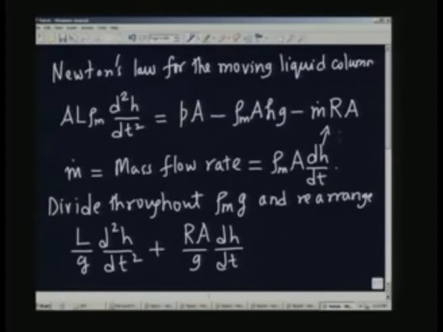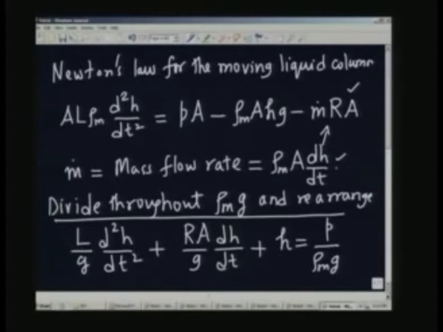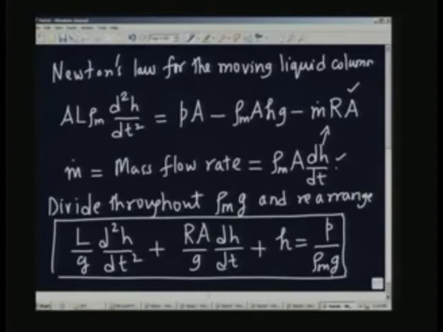This term is going to come here after I introduce this term, plus h, that is this term, equal to P divided by rho m into G. So, this is the equation which governs the variation of h.